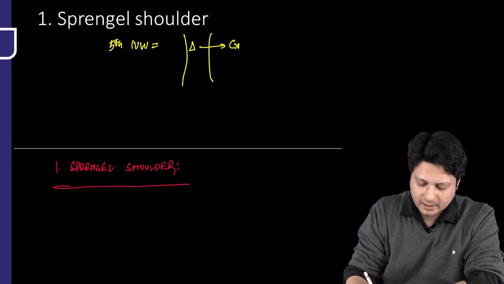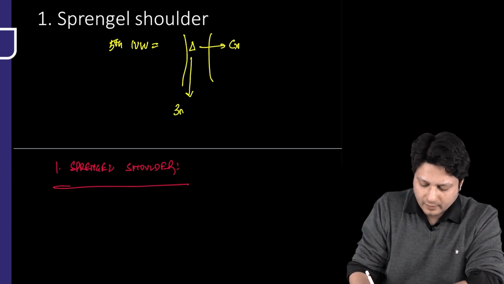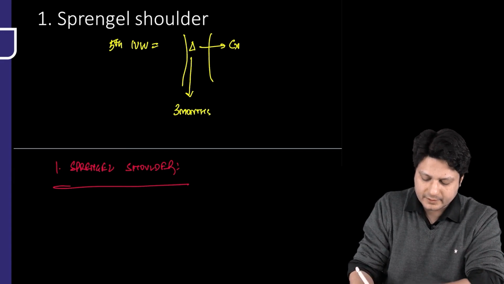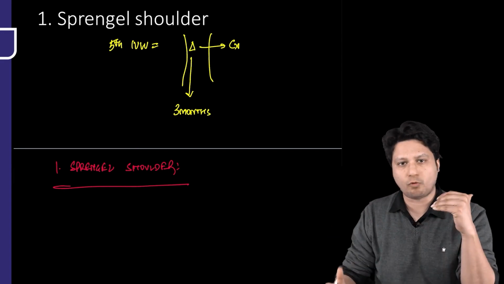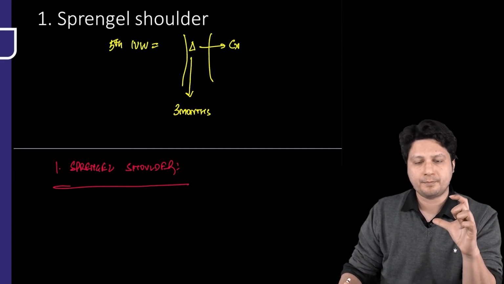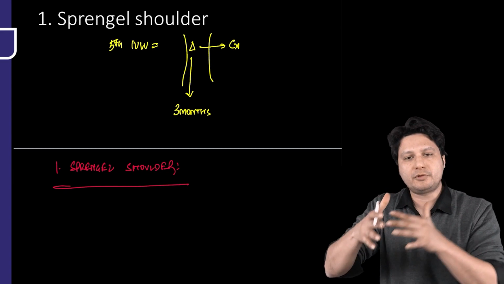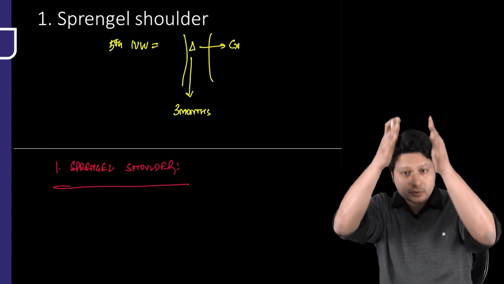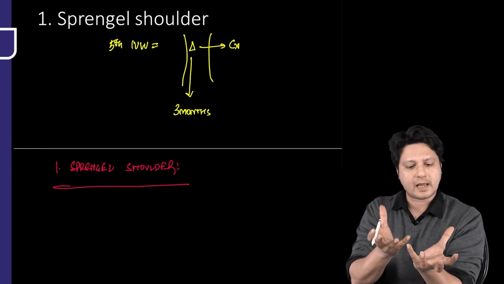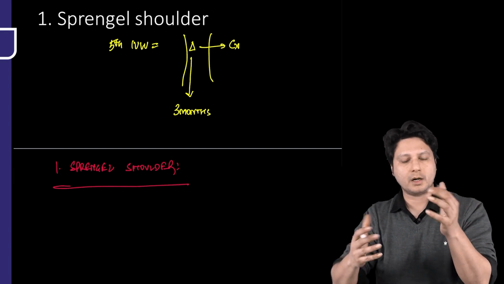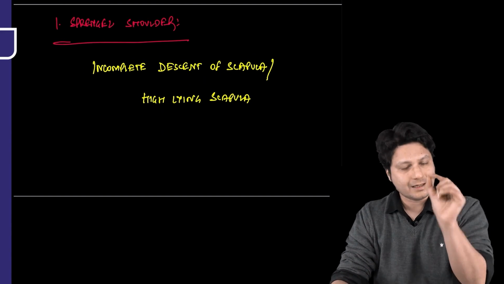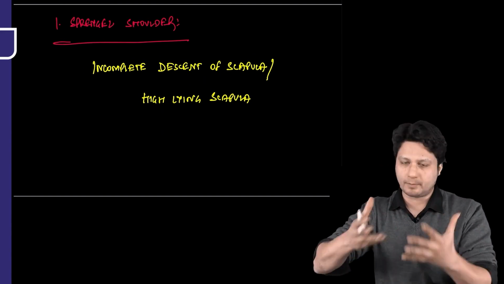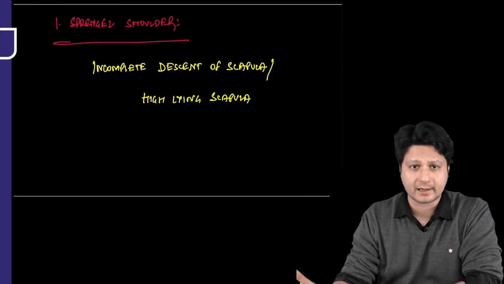And from this week up to 3 months of life, it descends down to reach its final region in the thoracic wall, the posterior wall of the thorax. Imagine if there is any abnormality in the process of this descent, as a result of which the scapula remains higher in comparison to the normal. This is what a Sprengel shoulder is. So what is a Sprengel shoulder? It is incomplete descent of the scapula, or simply high-lying scapula.